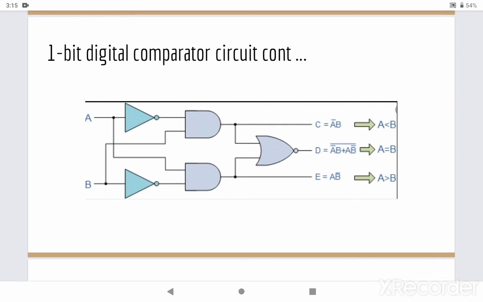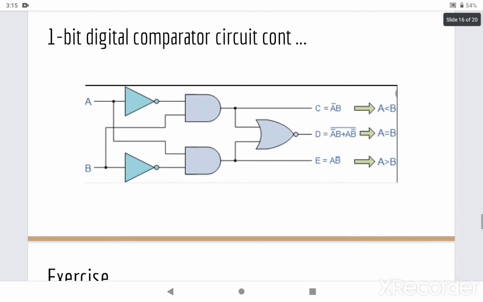Then D as AB plus A'B', but a little bit of difference is there, like the complement of (A complement B plus A B complement). Then in the case of E, you can see A B complement. Then the results are A less than B, A equal to B, A greater than B. So this is the basic criteria taking place in this location.